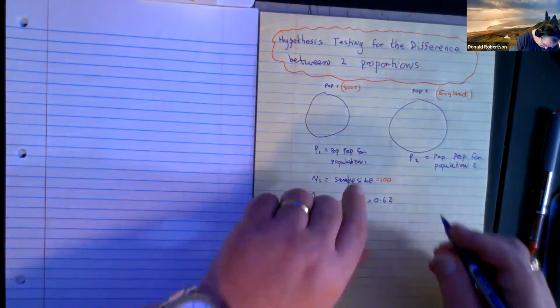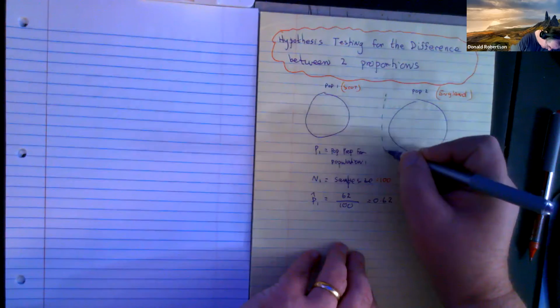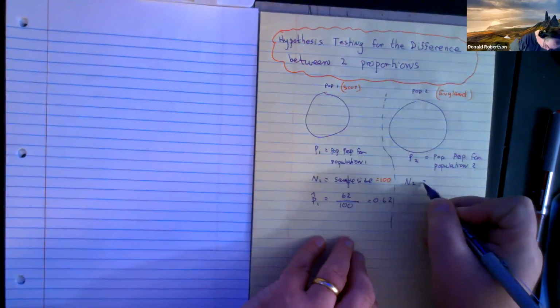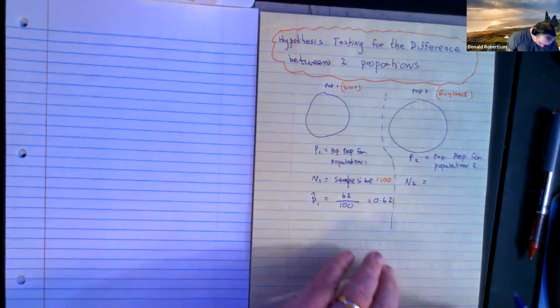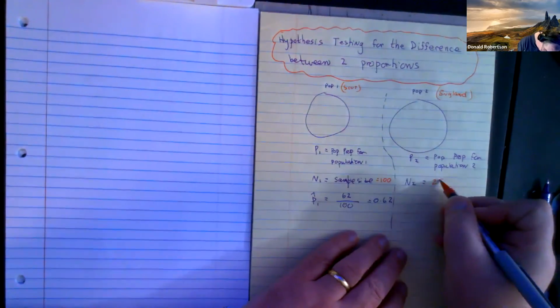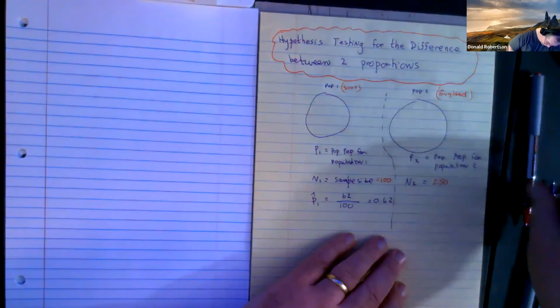And then they went over and they did the same question. And they asked the English, and N2 is going to represent the sample size of that group. And in the English, we asked a lot more. We asked 250 of those.